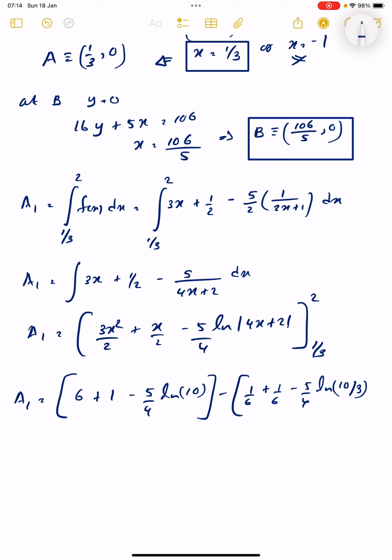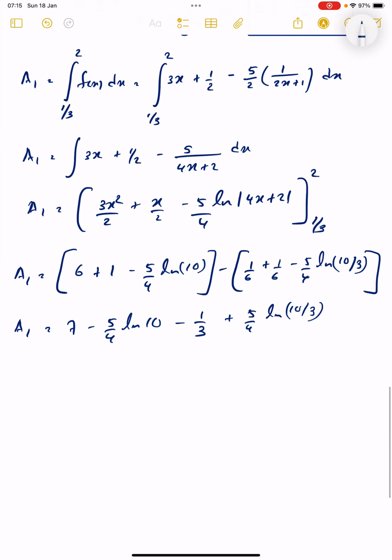So let's double check that once again. We should get 4 into 1/3, which is 4 by 3 plus 2, and that's 10 by 3. So let's expand this now. A1 is 7 minus 5 by 4 ln 10 minus 1 over 6, minus 1 over 6 is 1 over 3, and plus 5 by 4 ln(10 by 3).